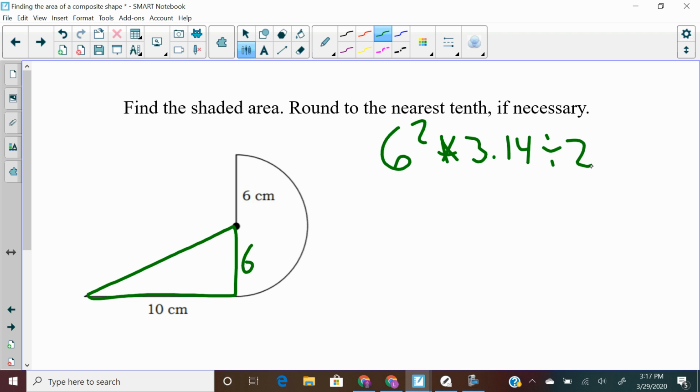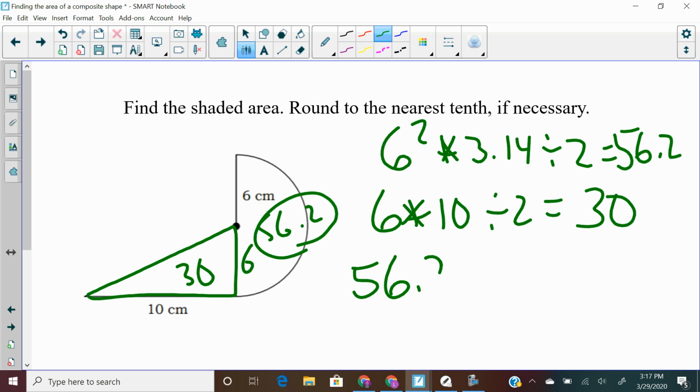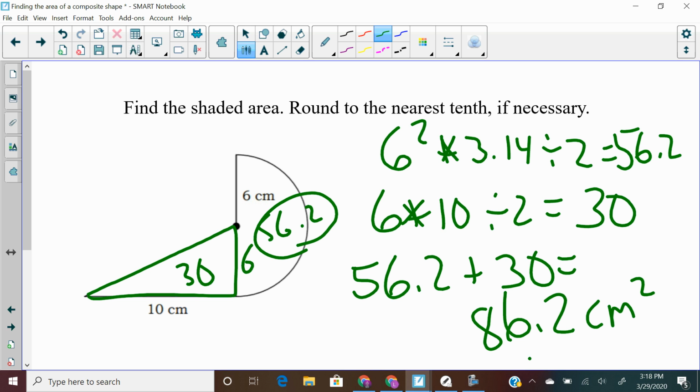I end up with 56.52, but it told me to round to the nearest tenth, so I'm going to leave it as 56.5. For the triangle, I do 6 times 10 divided by 2, which is 30. Then I add them together, and I get 86.5 centimeters squared as my answer.